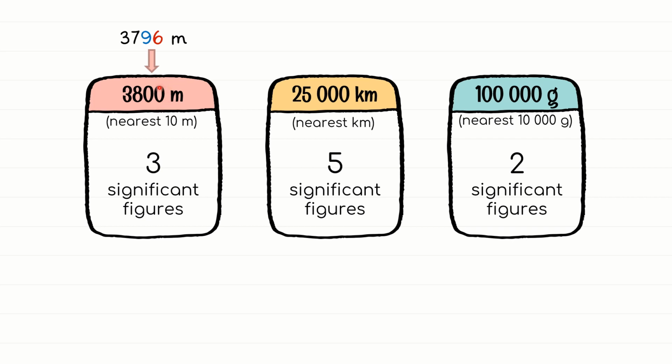The additional 0 over here serves the purpose of place holding, to maintain that this value of 3,796 still remains similar to 3,800 meters. So this 0 over here serves the purpose of place holding. We do not count it as significant at all.